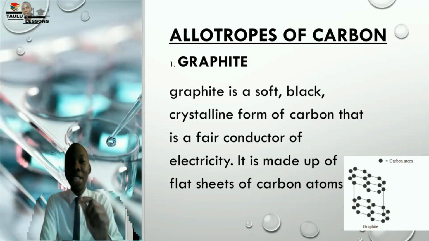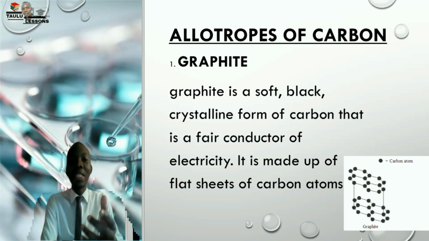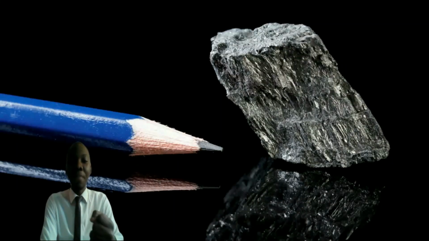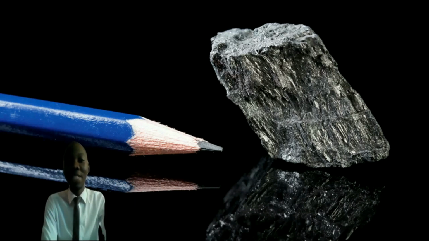The heart of a pencil, for instance, is made out of graphite. So that dark thing we see in a pencil, that is what graphite is.